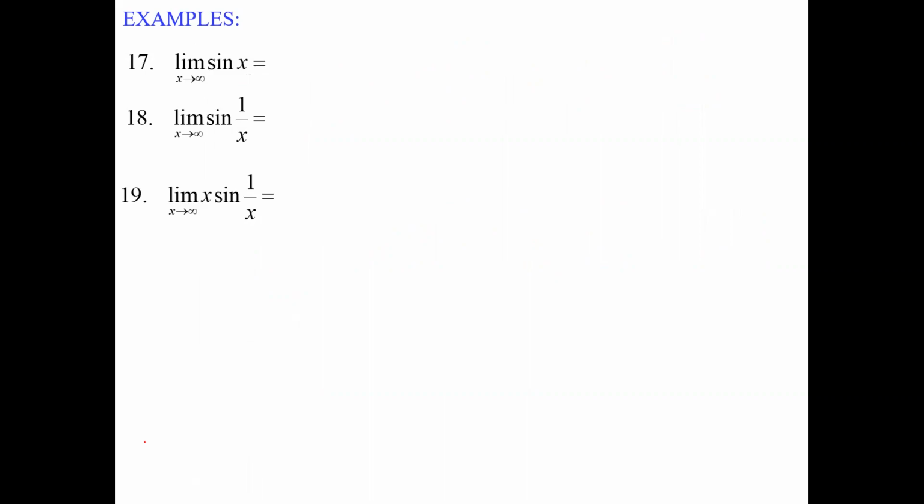How does the function sine of x behave at infinity? We all know the function sine, nice sine curve, a little bit not symmetric, with 0, 1, and negative 1.